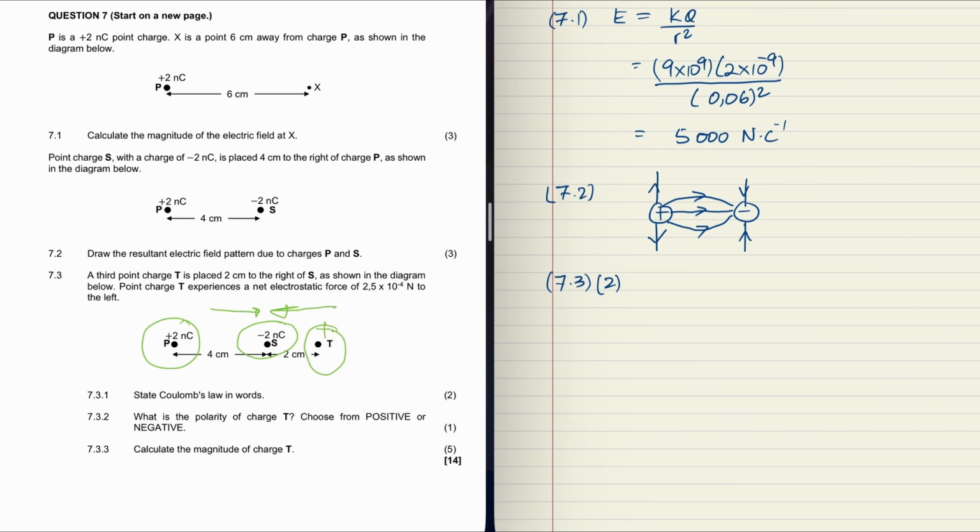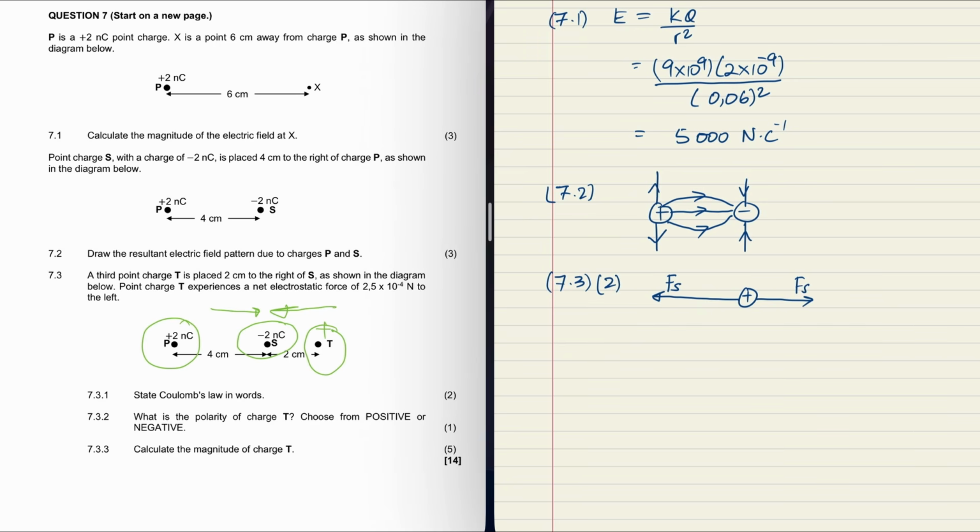So if T is positive, like we are assuming it is, it's going to be attracted to S. So let's say force of S. But it's also going to be repelled by P, so it's going to want to be pushed to the right.